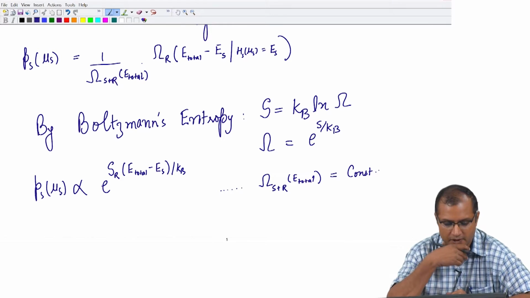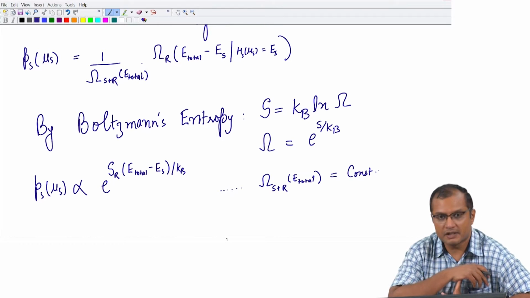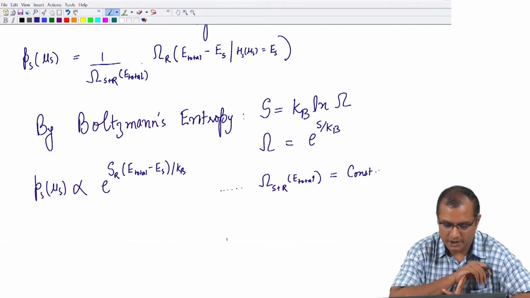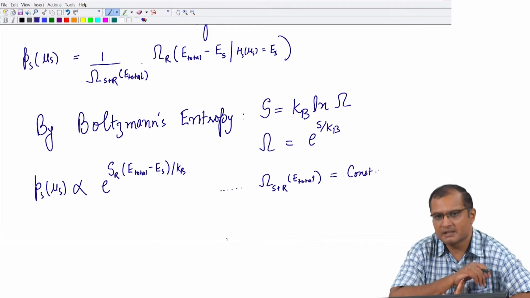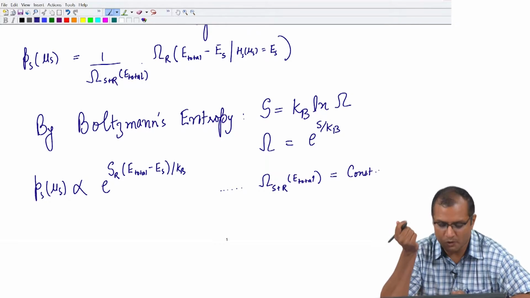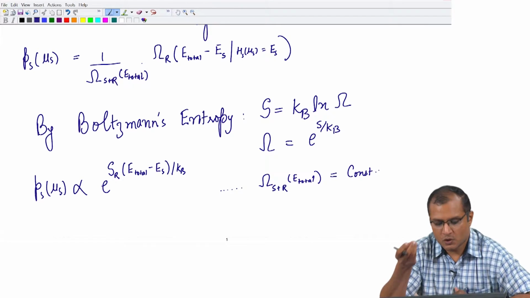Okay. So, I can write down my probability of finding a microstate mu s as simply proportional to e to the power S r over kb, and this is S r, which is the entropy of the reservoir, and reservoir's energy is E total minus E s.